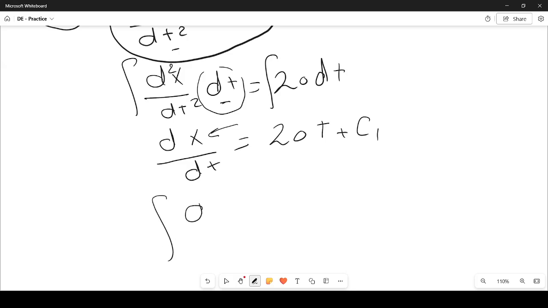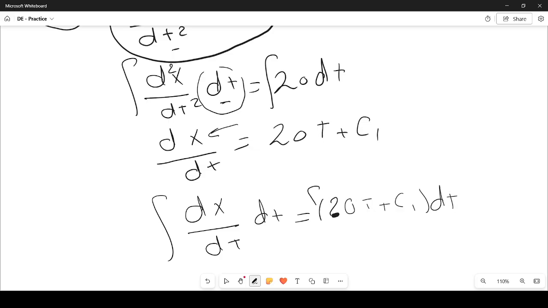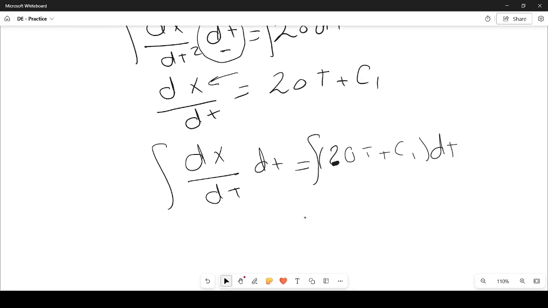So we integrate both sides again with respect to t, and the right side is the integral of 20t plus c1 dt.